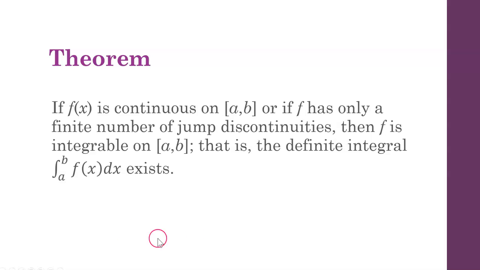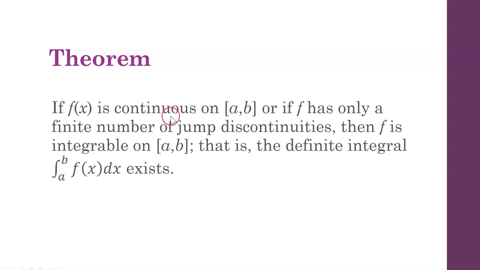As far as the function itself is concerned, as long as f is continuous on that interval, or if it's not continuous, as long as it has only a finite number of jump discontinuities, then it would be integrable. That means I can find its integral, and then the definite integral will exist, and that would give me the area that I was interested in.